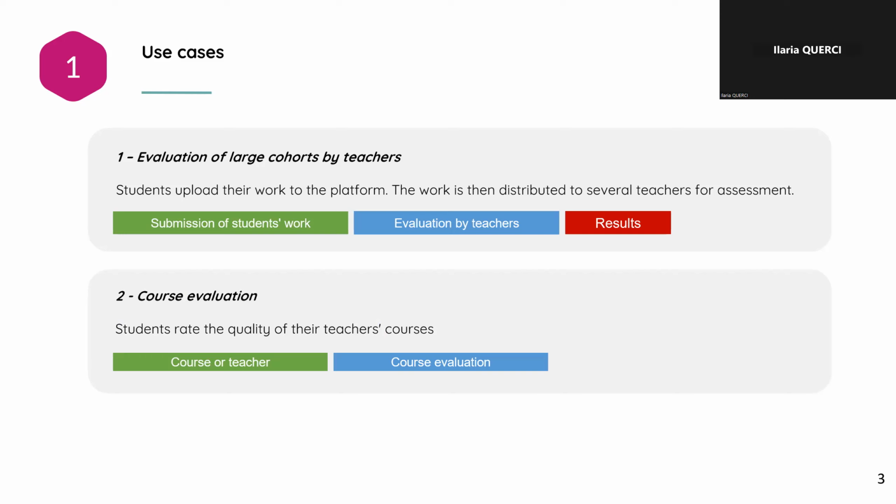The interest of this use case is to allow the work to be allocated automatically. If you have 1,000 students and lots of teachers, the platform will allocate the work to be evaluated to each teacher really easily.